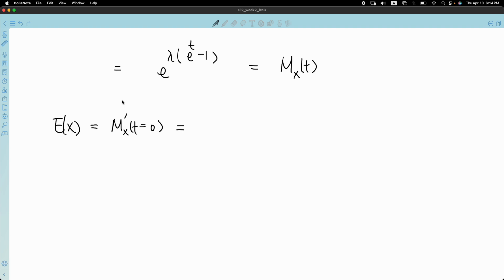Yes, go ahead. Wouldn't you take the entire thing on top of e, lambda times (e^t minus 1), and put it in front of the exponential? Yes, thanks.